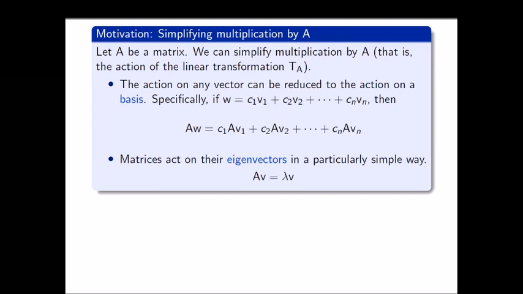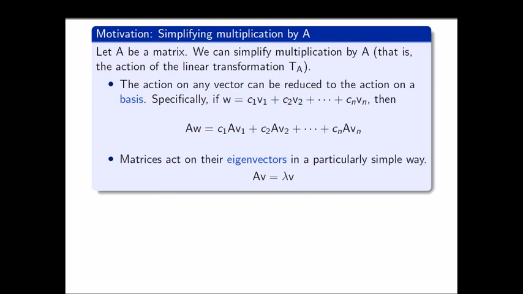So let A be a matrix. We can then simplify multiplication by A. That is, we can simplify the action of the linear transformation corresponding to the matrix A. So note that the action on any vector can be reduced to the action on a basis.